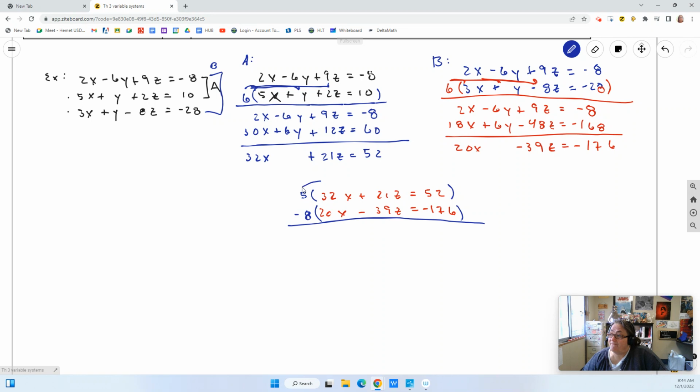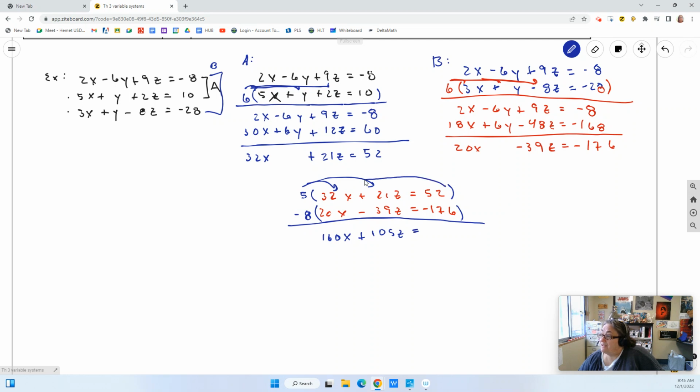So we're going to go 5 times 32x is going to give me 160x. 5 times 21z, I don't know what 5 times 21 is, but I think it's 105. But I'm going to look at my paper to make sure I'm right. Yeah, I am right. 105z.